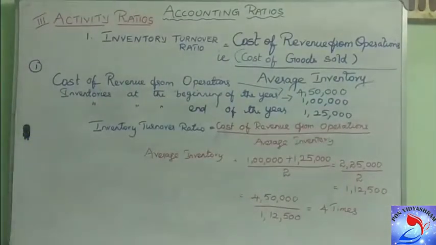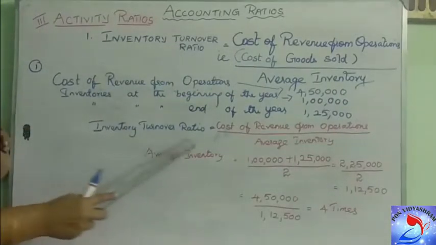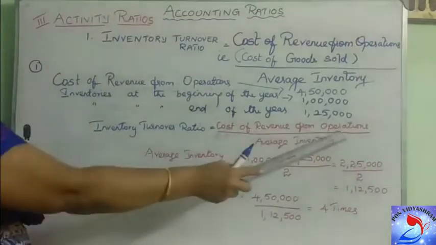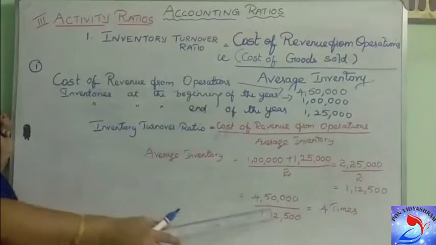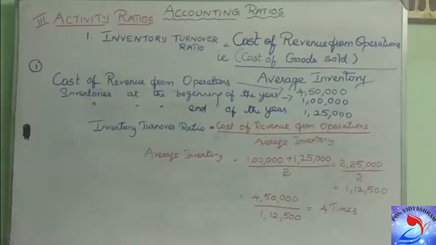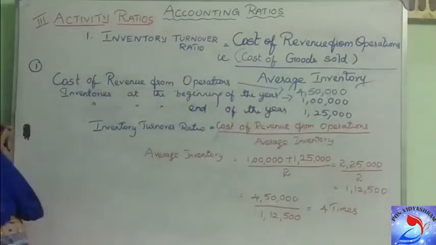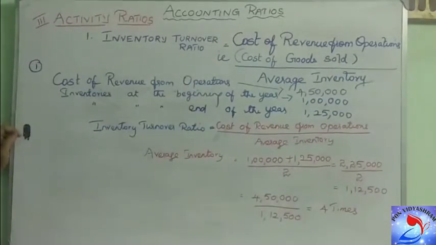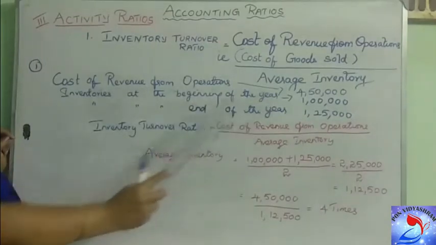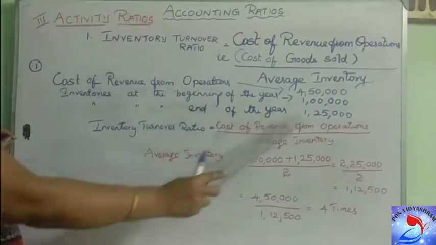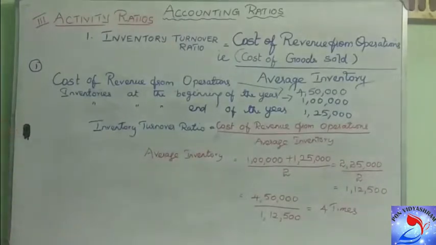We need to calculate inventory turnover ratio. Inventory turnover ratio is equal to cost of revenue from operation divided by average inventory. In this sum they have given you the cost of revenue from operation directly, 4,50,000. We need to find out the average inventory, which is inventory at the beginning of the year plus inventory at the end of the year divided by 2.